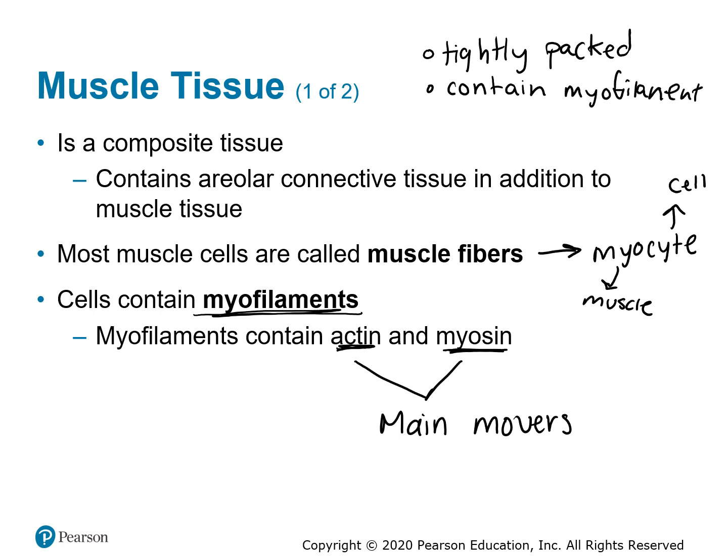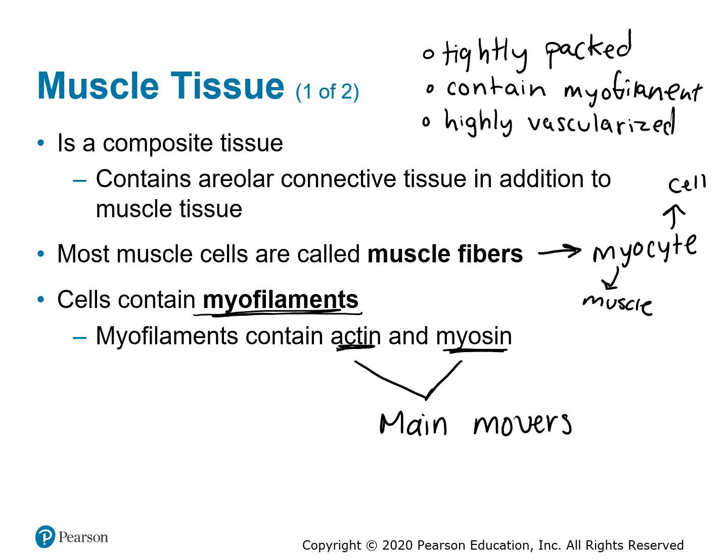And they are all pretty highly vascularized. They need that vascularization because muscles do a lot of work. So that vascularization provides nutrients, it provides oxygen so that the muscles can do the job that they need to do.